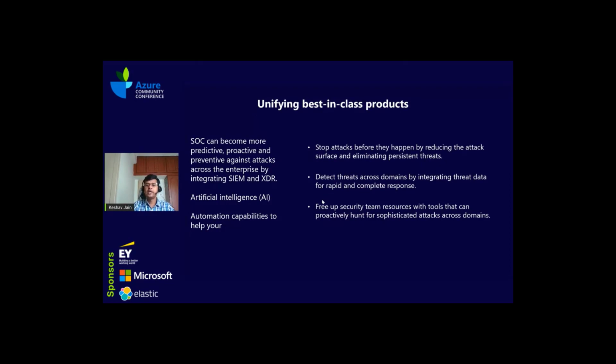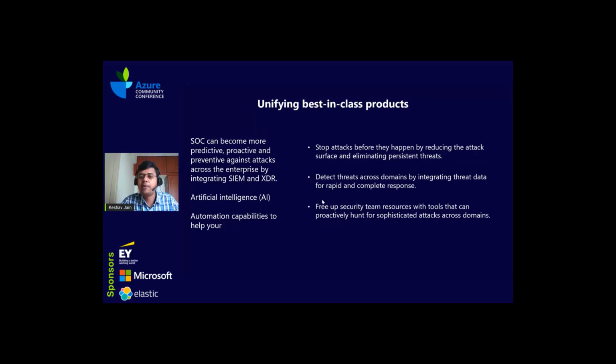Once you do the integration between XDR and SIEM, more precisely between Microsoft Defender and Azure Sentinel, it can help you in stopping the attack before it can happen. Both tools can give you analysis. You can identify if someone is trying to seek into your organization, or trying to identify the threat vector in your organization, and you can prevent all those things.